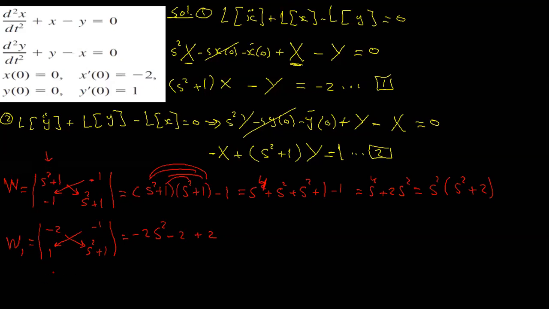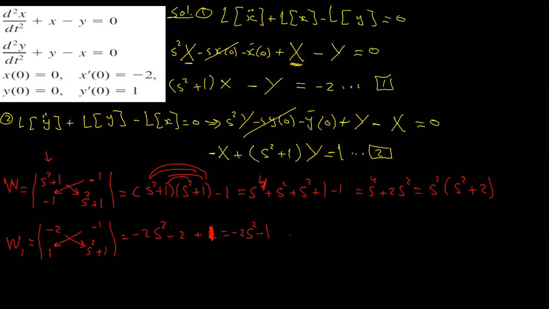Yes, negative 1 times 1, negative 1. Doctor, it's negative 1 times 1. You made it plus 2. Yeah, you are right. Negative 1 times 1, it's negative 1. And I have negative, so it's negative plus 1. Great. So equal negative 2 s squared minus 1.